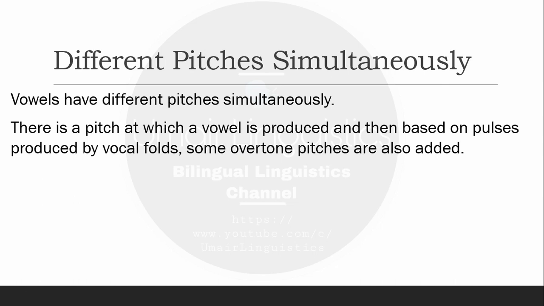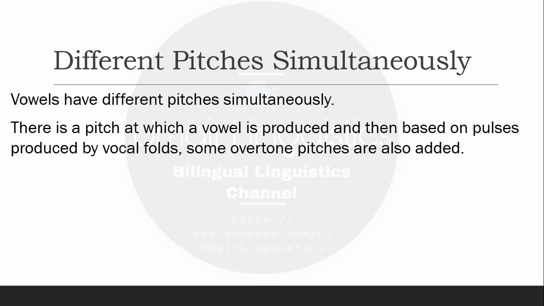There is a pitch at which a vowel is produced, and then, based on the vibration of the vocal folds, some overtone pitches are also added to that pitch. What do we mean by pitch? As the rate of vibration of the vocal folds increases, the pitch increases, and as the rate of vibration decreases, the pitch decreases.